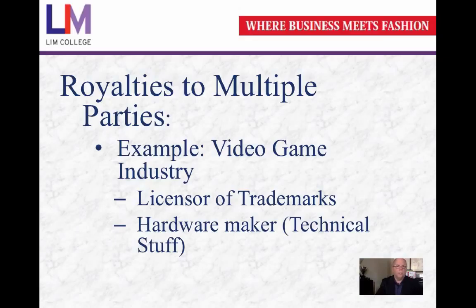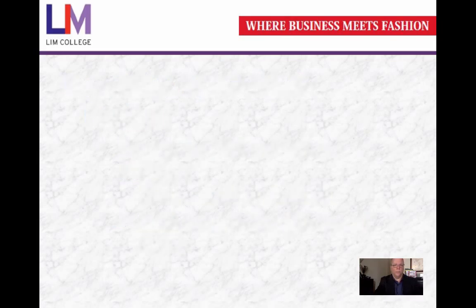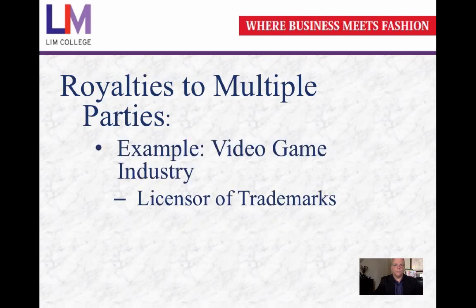There need to be royalties paid to those who designed that. It does happen, and it happens frequently, but it's all in the contract, who's going to get what percentage and what the license royalty fee is going to be.